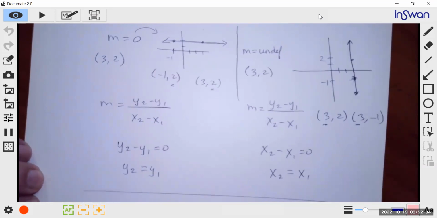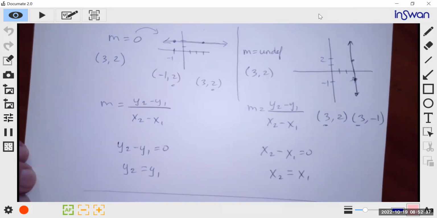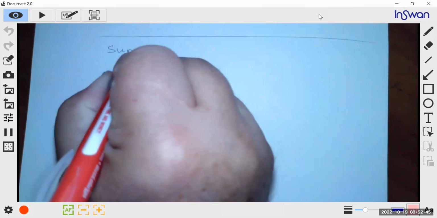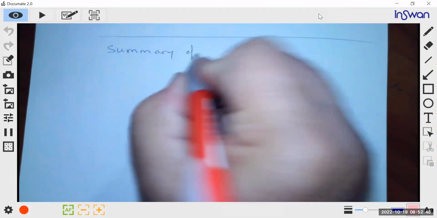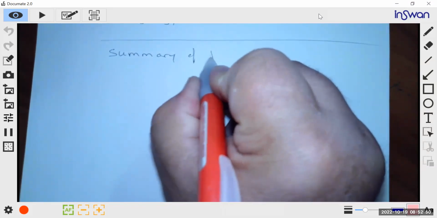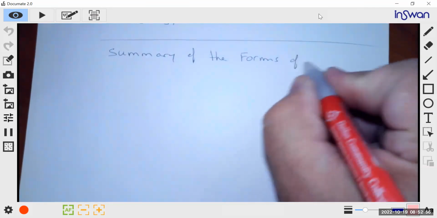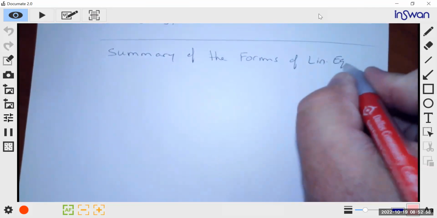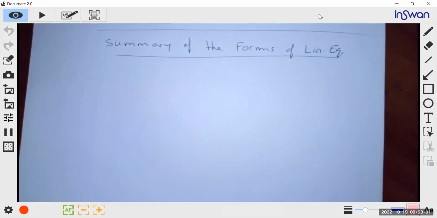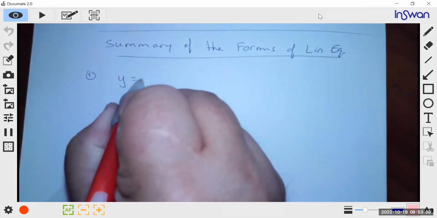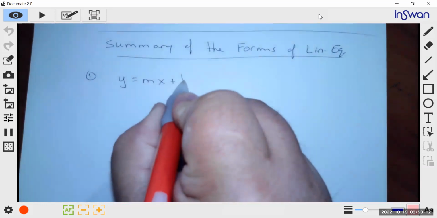So let's summarize everything we did in chapter 13, the different types of equations we have, different forms. Summary of the forms of linear equations. Here's the first one.